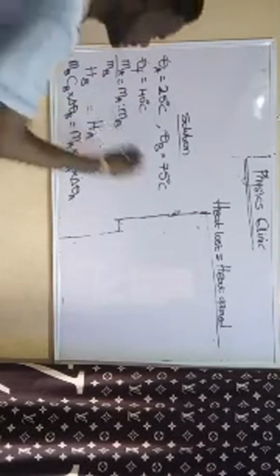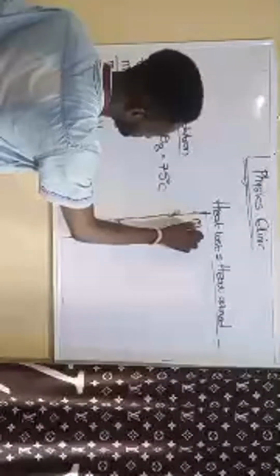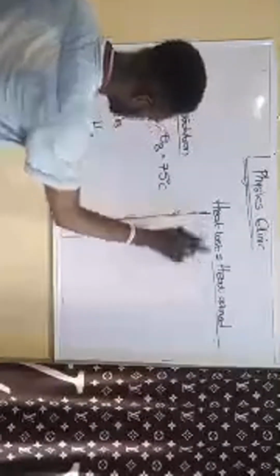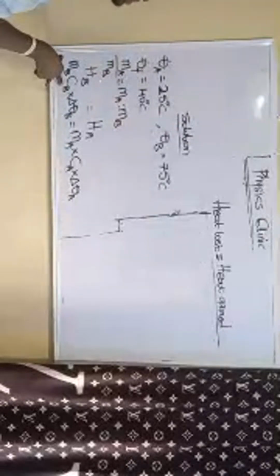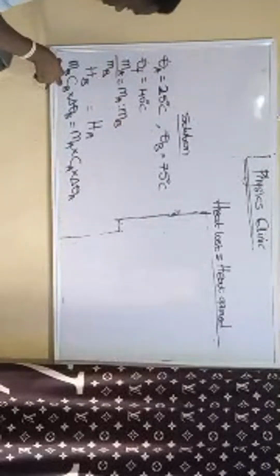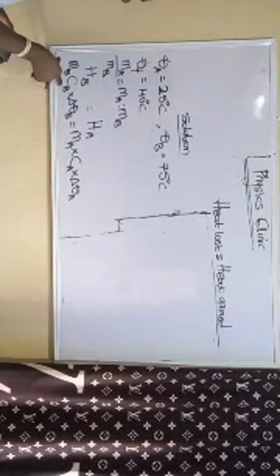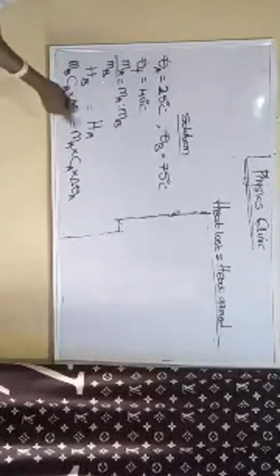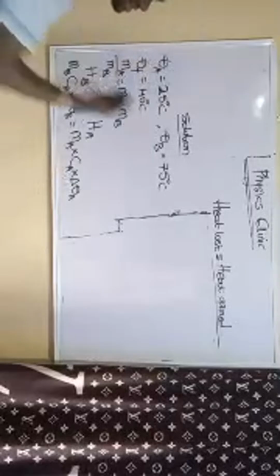The specific heat capacity of water is the same whether it's tap A or tap B, so my CB is equal to CA. This will likely cancel out at the end of the day.